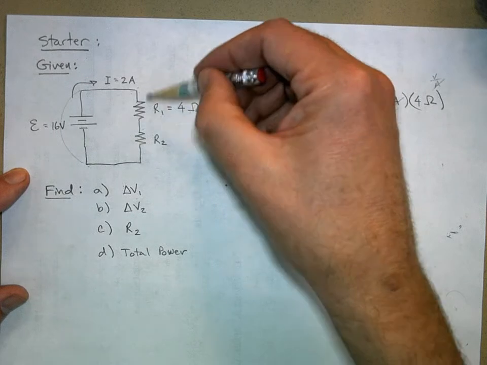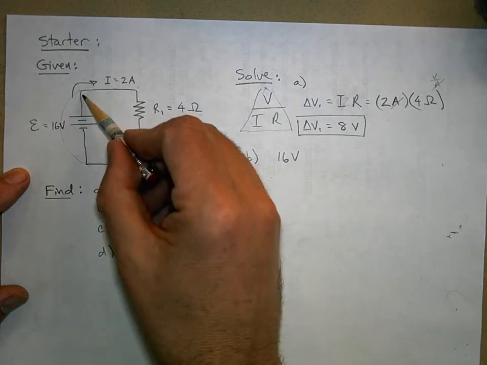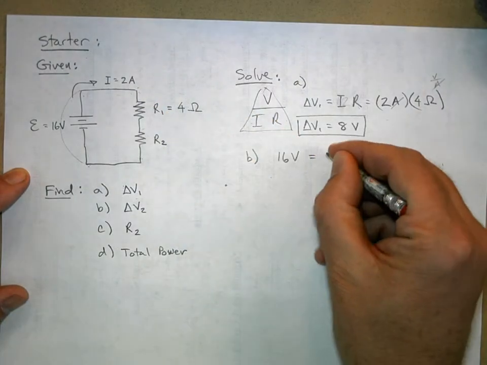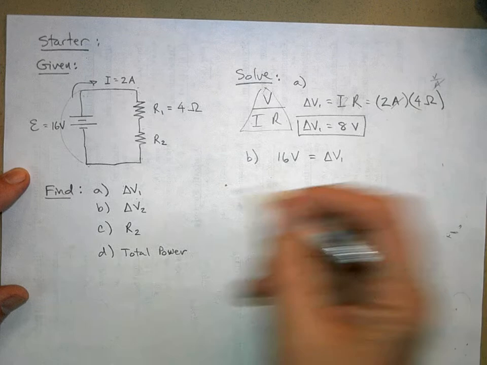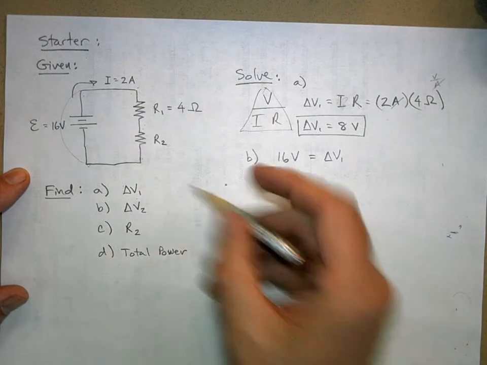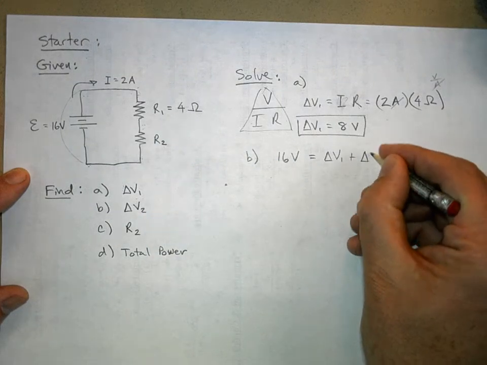So when I go from here to here, I have to lose 16 volts. So the voltage gained has to be equal to the voltage lost, or the voltage that you jump down through, which is the voltage drop across R1 and R2. So I'm just going to write it like this.